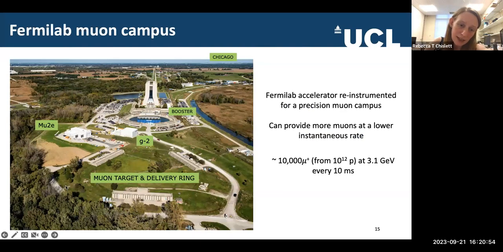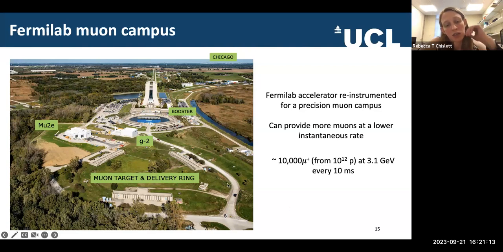So this is the Fermilab accelerator complex, and what's happened is that we get protons from the accelerator, and then this triangle here was the old antiproton complex, which has been redesigned as our delivery ring.